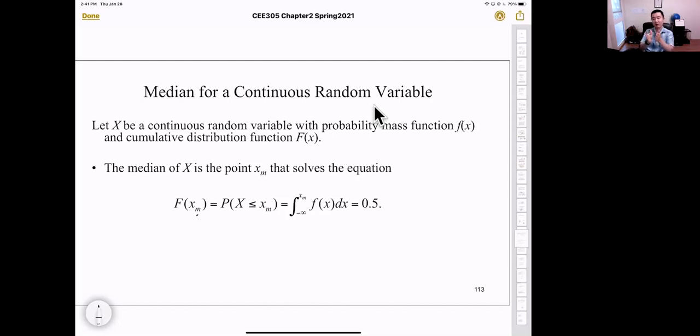So 50% chance it will be smaller, and 50% chance it will be larger than xm. All the area underneath the curve will be 0.5.